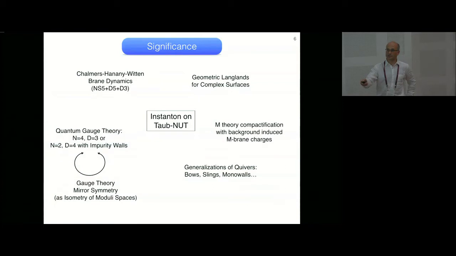Each such instanton on Taub-NUT will correspond to a vacuum of quantum gauge theory in, well, now this is the difference I would like to emphasize. So either 3-dimensional gauge theory with N=4 supersymmetry, or 4-dimensional with N=2 with impurity walls.